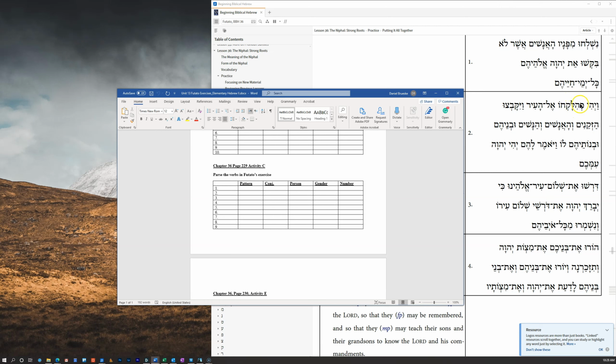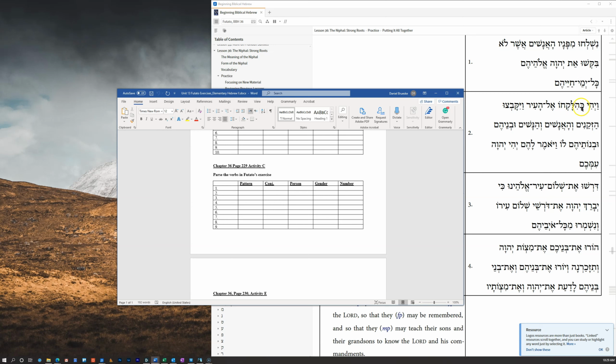And the hey hirik at the front, this indicates that it's in the imperfect family, but we've lost our prefix. So this is either going to be infinitive or imperative. Well, it has a holum vav suffix, so that tells us that this is most likely going to be infinitive construct with a 3ms suffix, plus it has a preposition attached to the front. That's not going to happen with the imperative.